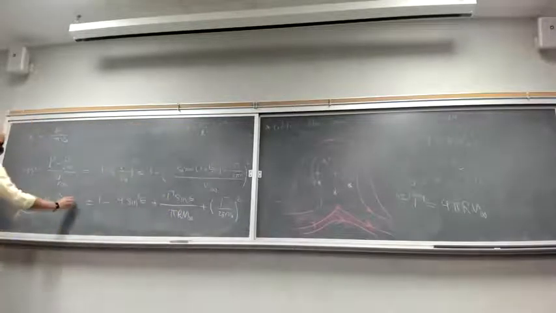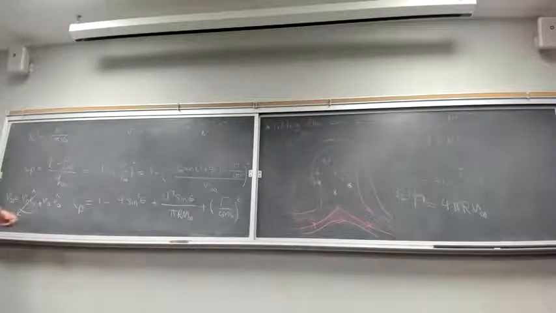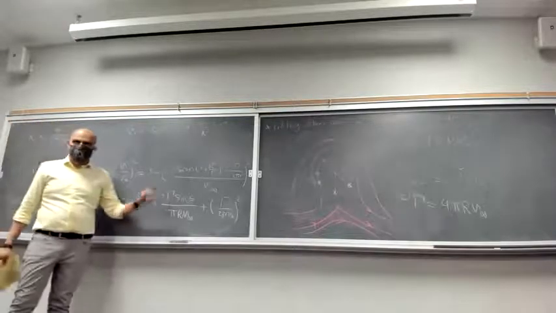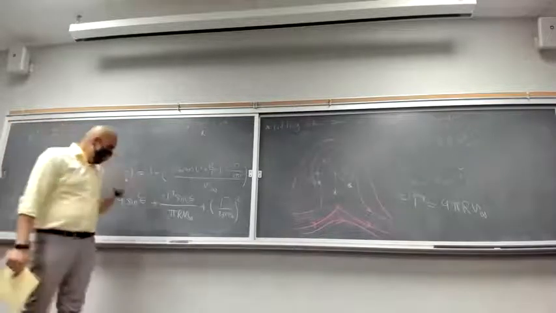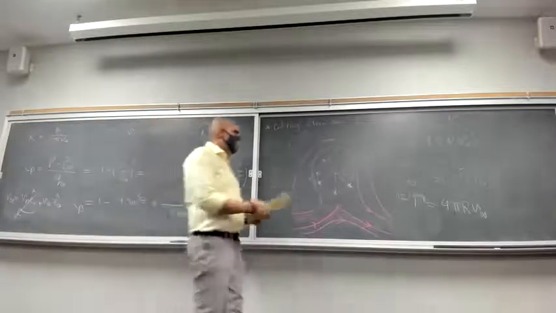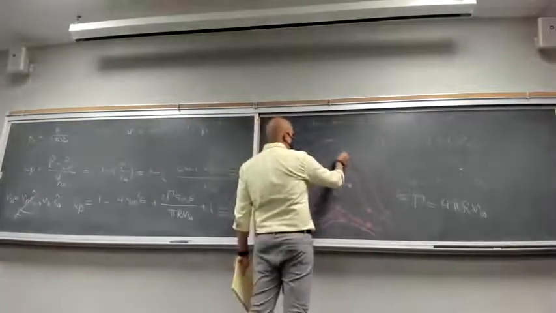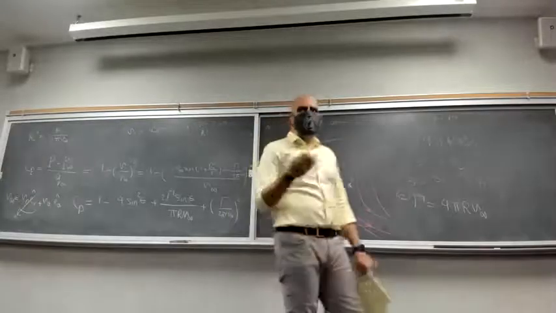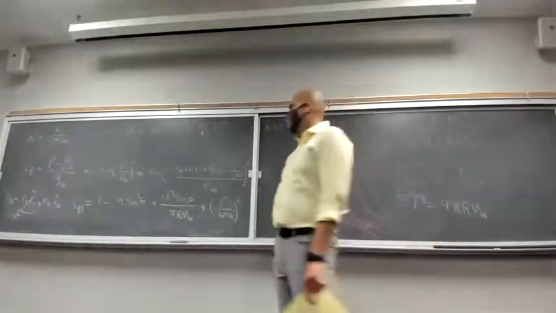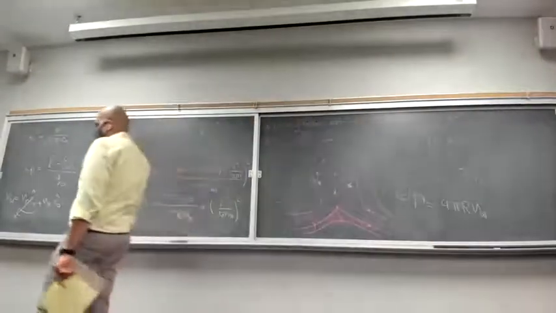So we have the pressure coefficient as a function of the strength of your vortex and theta, the location on the surface. We essentially have the distribution of pressure coefficient on the surface.